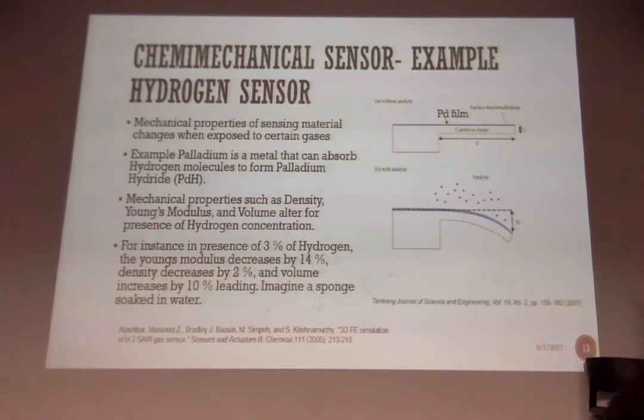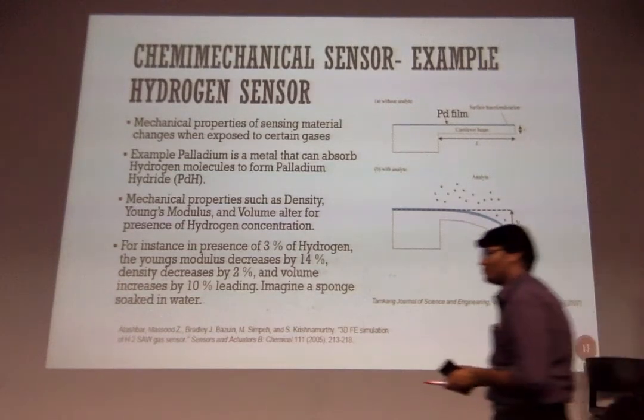Once hydrogen sits on it, the beam bends. So when I shine laser light on this, from the reflection of this laser light, how much it deviates, people can measure through optical circuits. The other possibility is, probably one has to connect some resonator circuit, which I don't want to confuse you with.